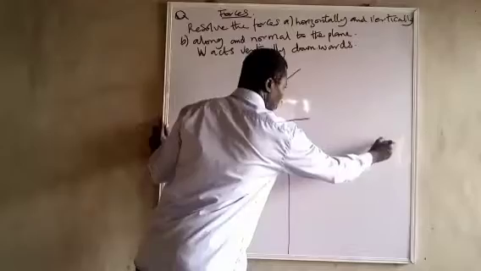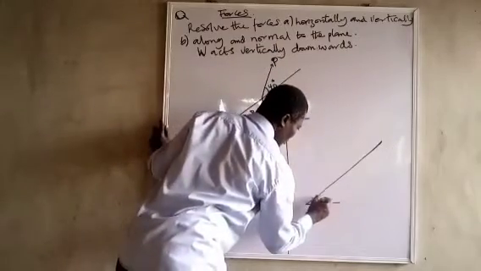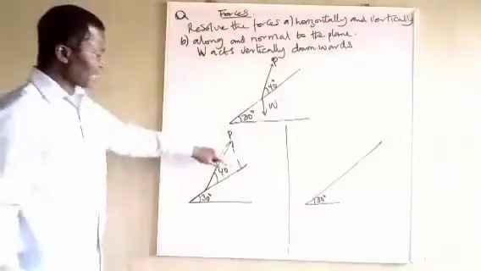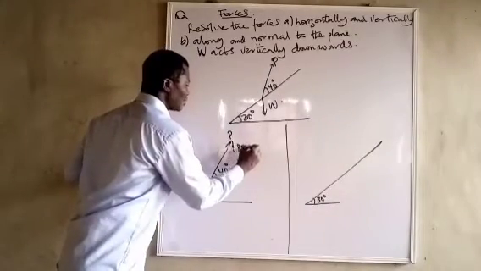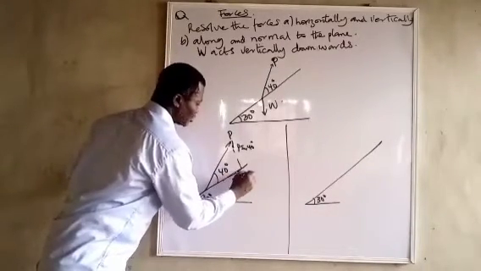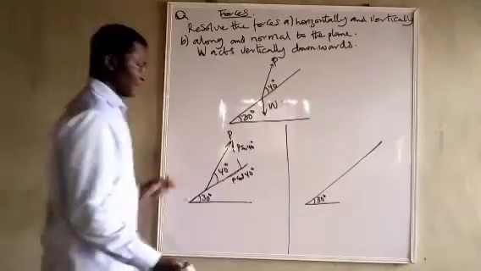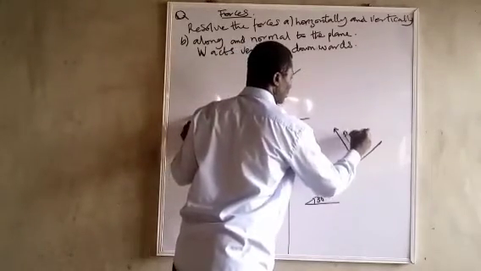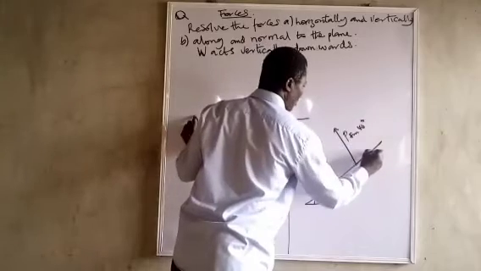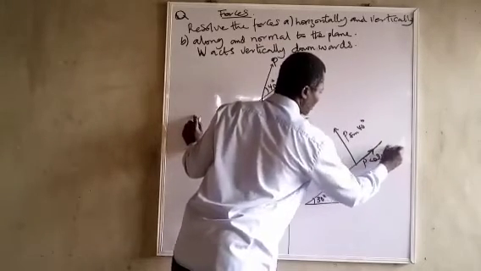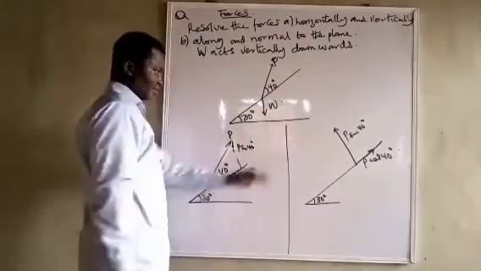So if we resolve this one, you can see P goes like this. It is going to be P sine 40 here. And upward along the plane, we have P cos 40 degrees. You can see, straightforward. So we have P sine 40 degrees, and upward like this, we have P cos 40 degrees. So I don't need to draw the P again. So we have resolved it.